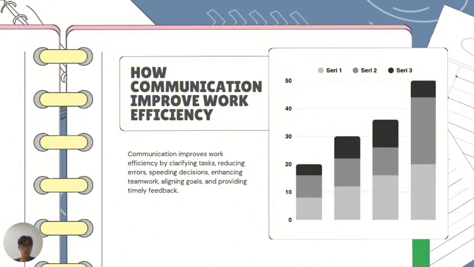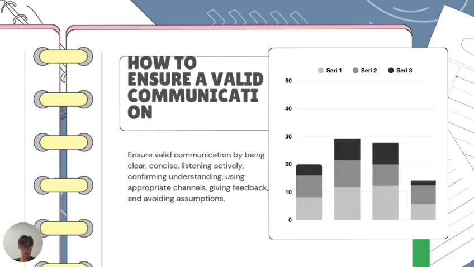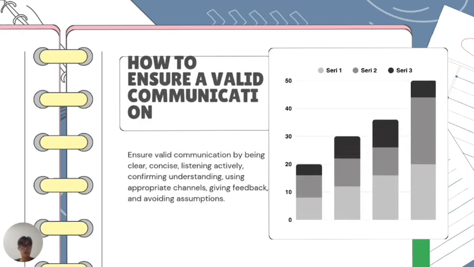Communication improves work efficiency by clarifying tasks, reducing errors, speeding decisions, enhancing teamwork, aligning goals, and providing timely feedback. How to ensure valid communication? Ensure valid communication by being clear, concise, listening actively, confirming understanding, using appropriate channels, and giving feedback.